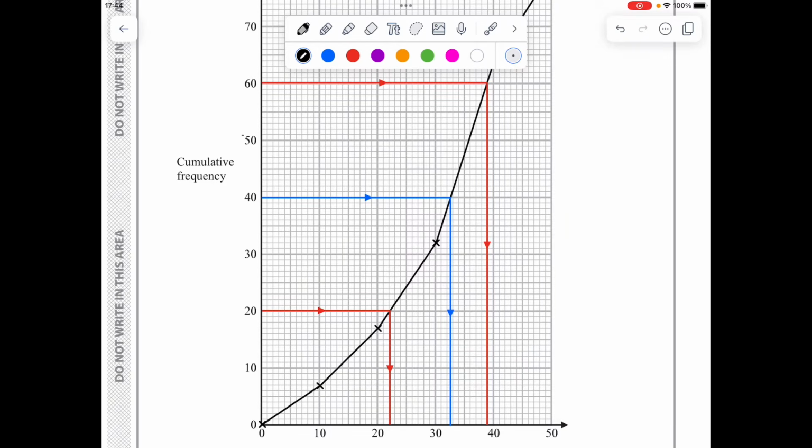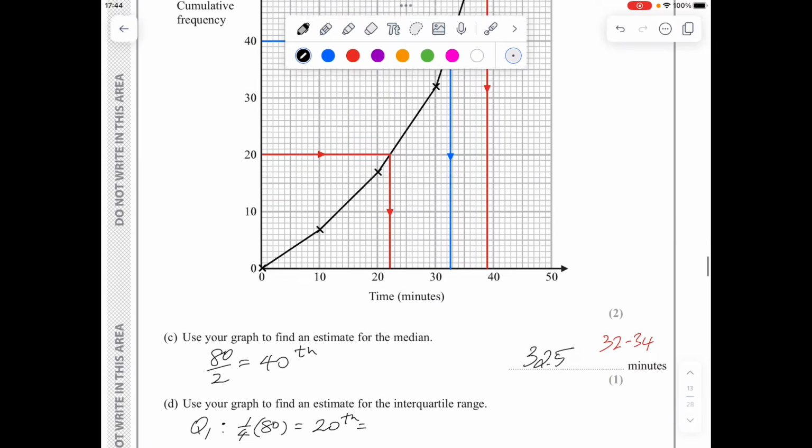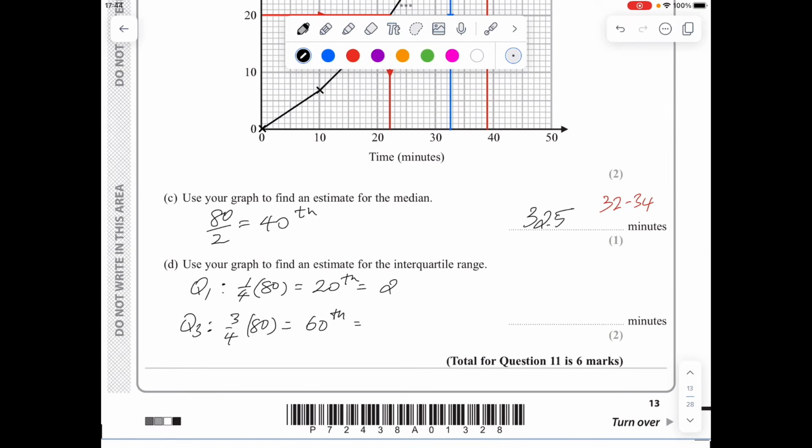So as you can see from the graph, these values are 22 and 39. So the interquartile range is equal to Q3 minus Q1, and that gives me 17 minutes. Again, note that the mark scheme accepts any value between the range 15 and 17.